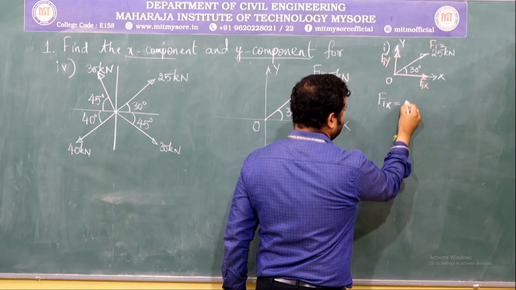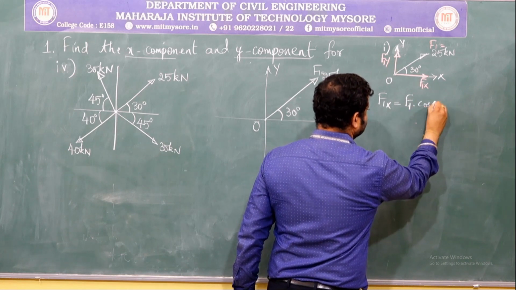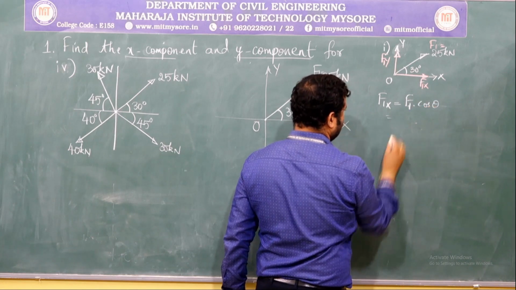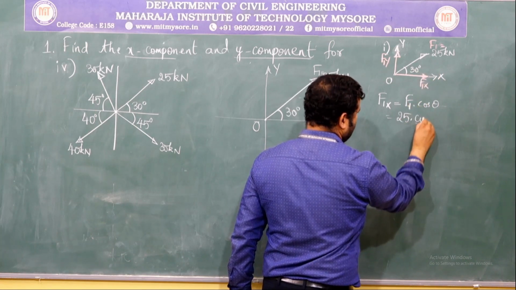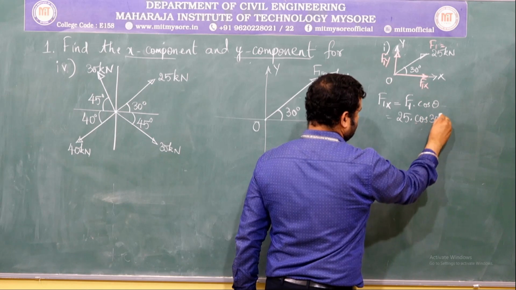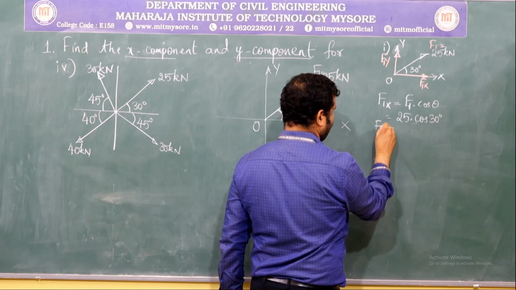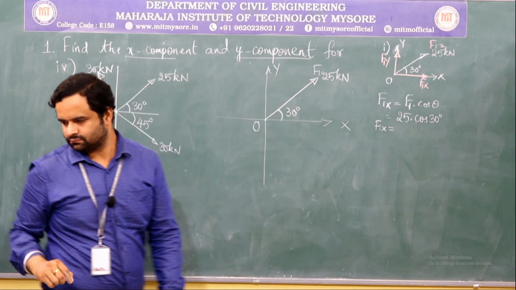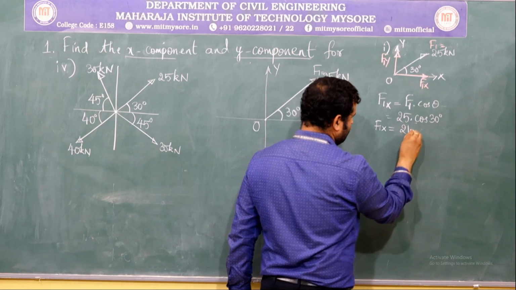F1x is equal to F1 cos theta, which is 25 into cos 30 degrees, which is equal to 21.65 kilonewton.